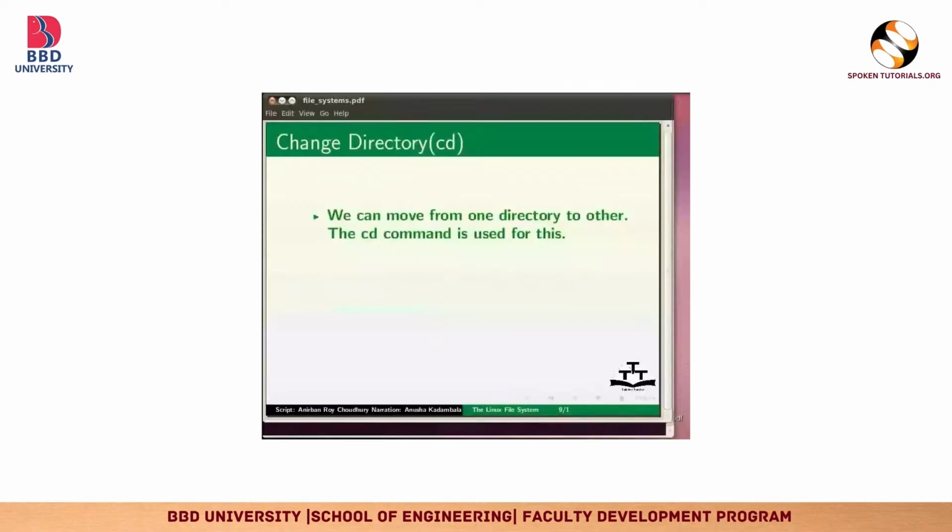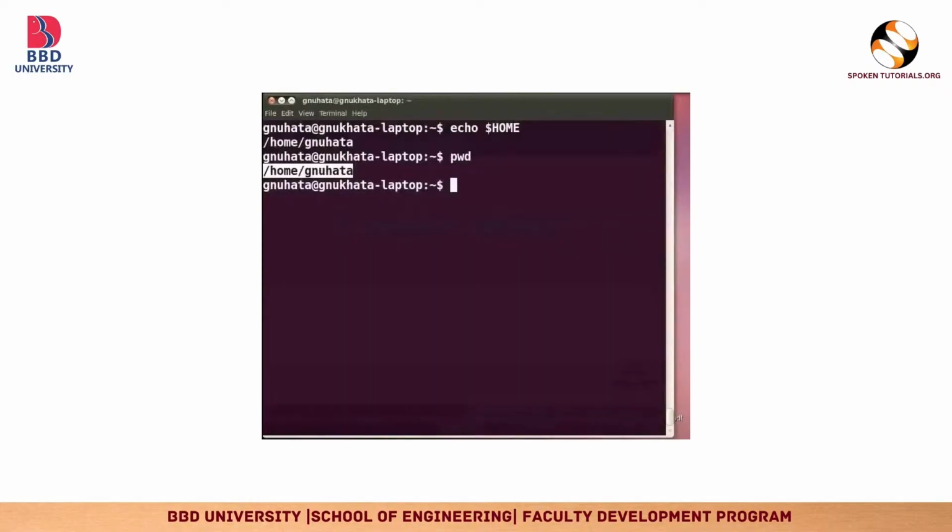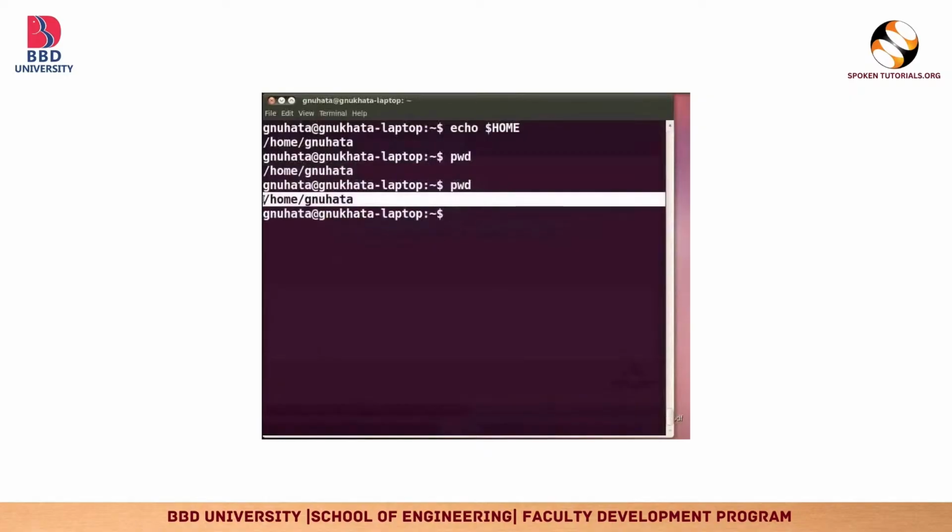We have the cd command for this purpose. You have to type the command cd followed by the path name of the directory you want to move to. Let's again see our current directory by typing pwd at the command prompt and pressing enter. So now we are placed in this directory.